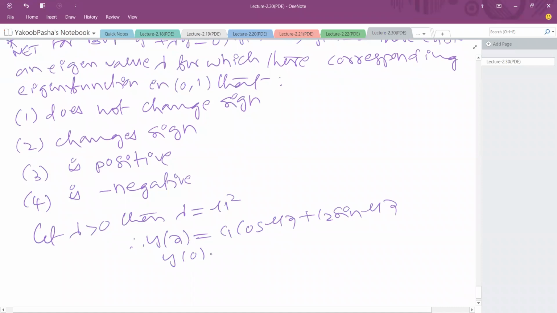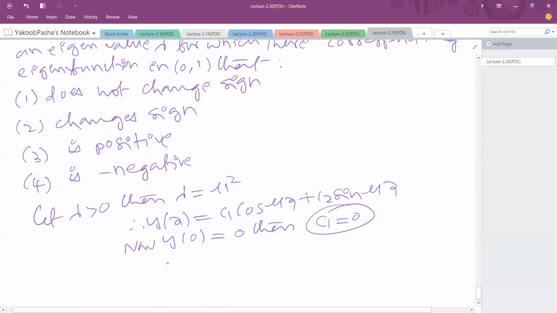First, y of 0 is equal to 0. Then c1 cos 0 plus c2 sin 0 is 0, that is c1 is equal to 0. So y of x is equal to c2 sin mu x.